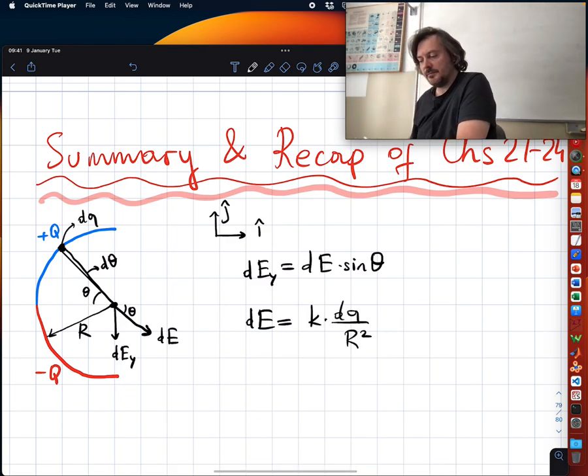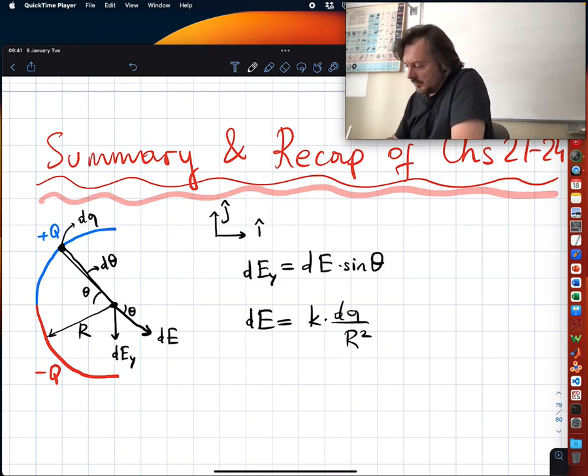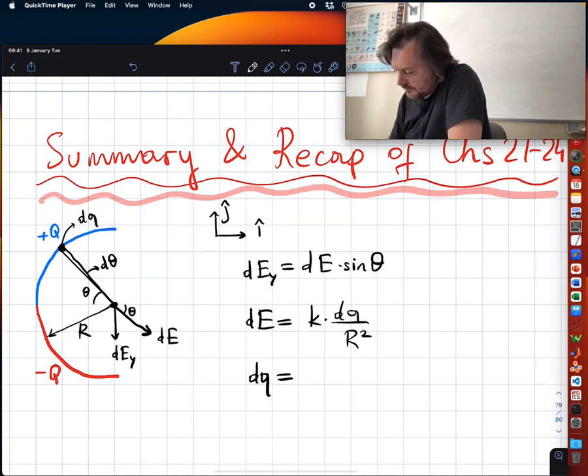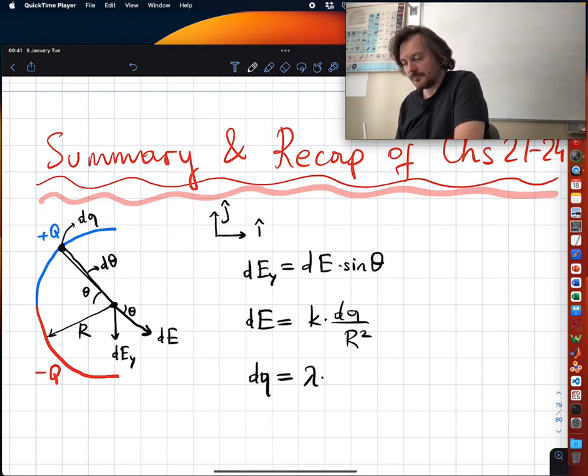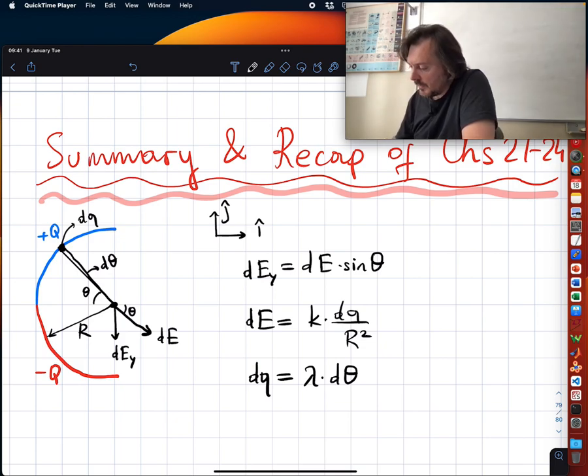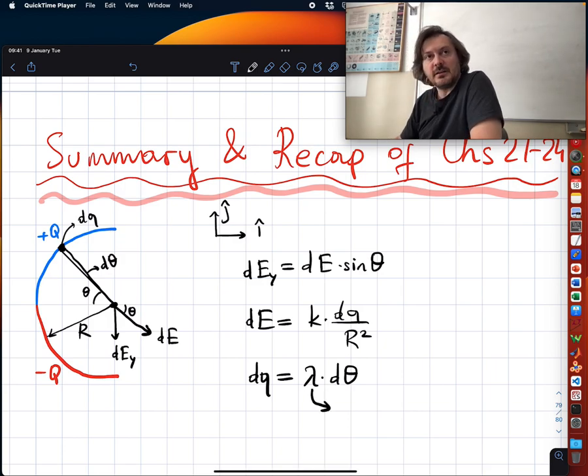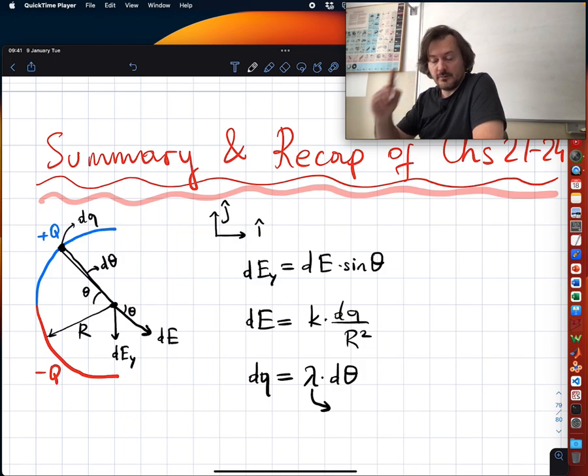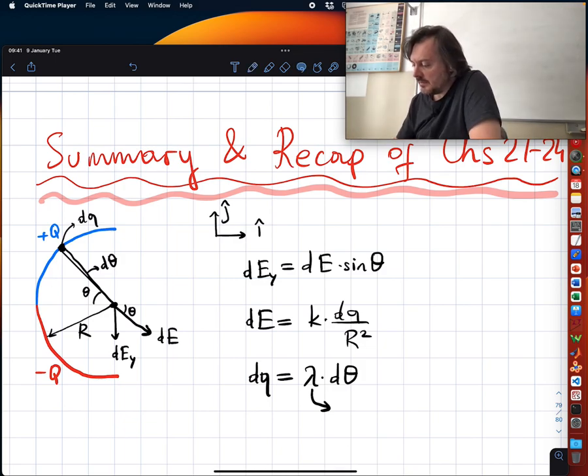What is dq? Lambda times d theta. And what is lambda? 2Q over pi r. Okay, so here's the thing. If you are saying that this lambda is charge per unit length, then theta is not enough.